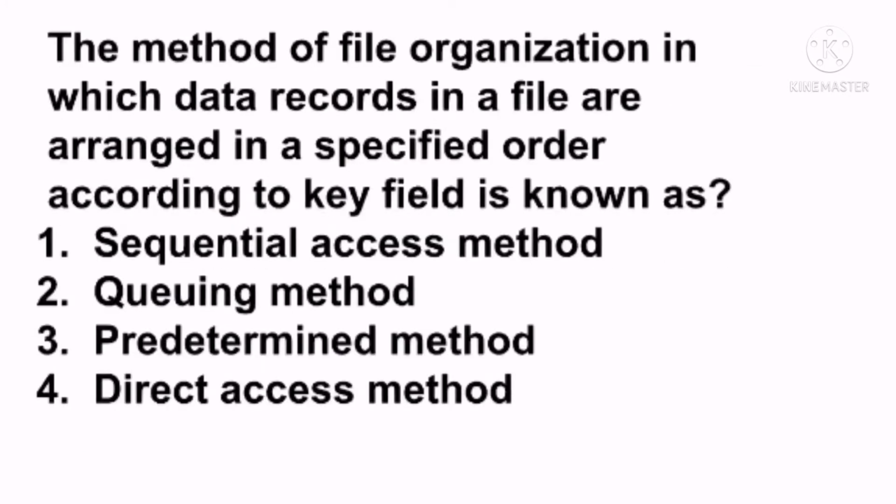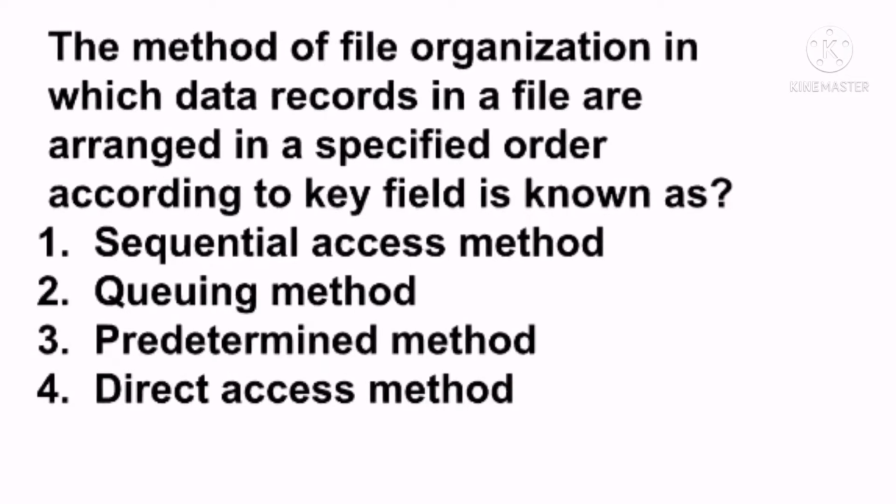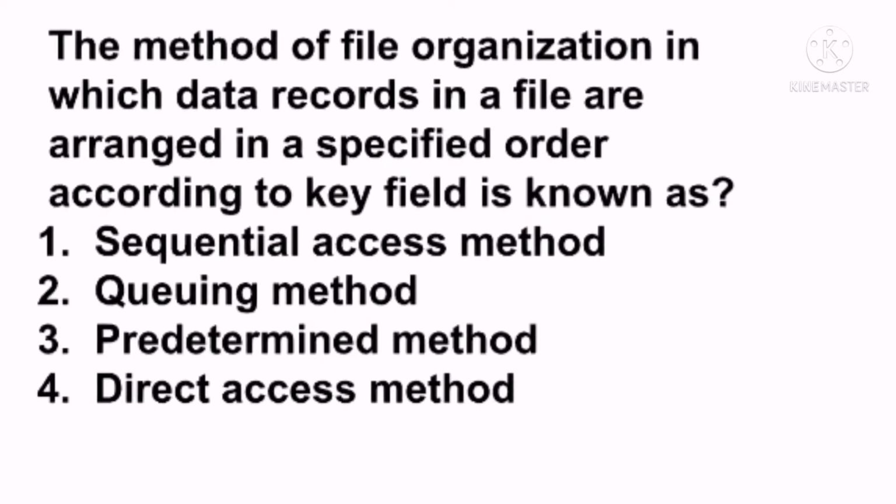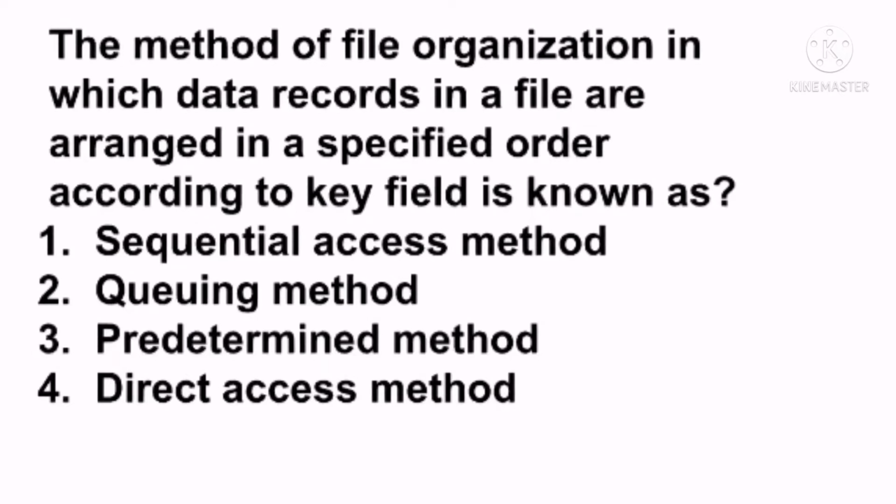Next question. The method of file organization in which data records in a file are arranged in a specified order according to key field is known as. Your options are: first one, sequential access method; second one, queuing method; third one, predetermined method; fourth one, direct access method.